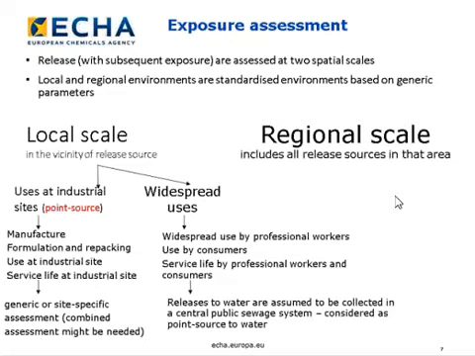Local scale assumes the vicinity of the release source, so close to the point of release of exposure, and regional scale includes all release sources in that area. In both cases, the local or regional scale is standardized, which is assumed behind the modeling and exposure assessment.